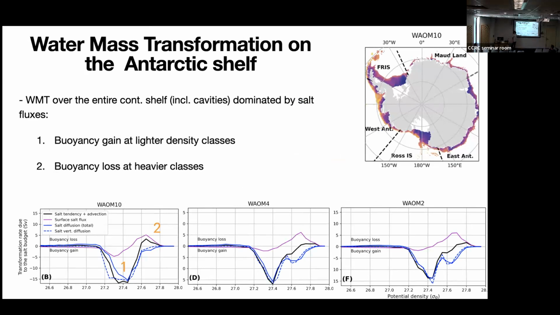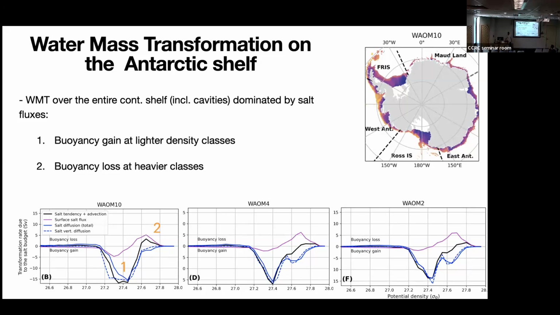And here on the x-axis, we have the potential density, sigma theta. Here we have the 3 different resolutions, and you observe the same pattern in all of them. You have this signal of buoyancy gain at lighter density classes, and then the signal of buoyancy loss at heavier densities.